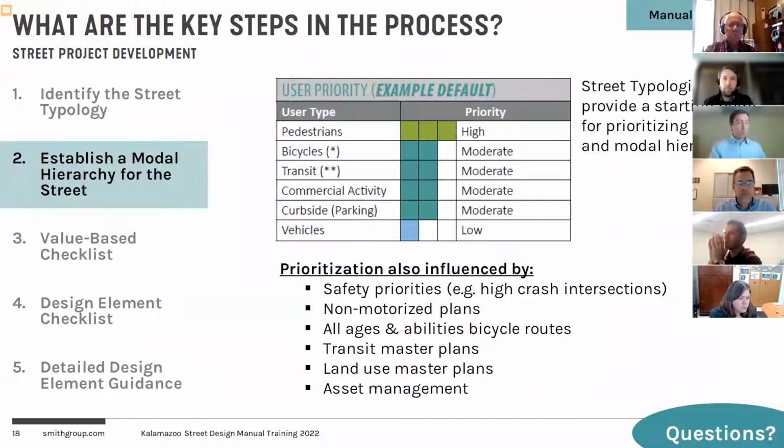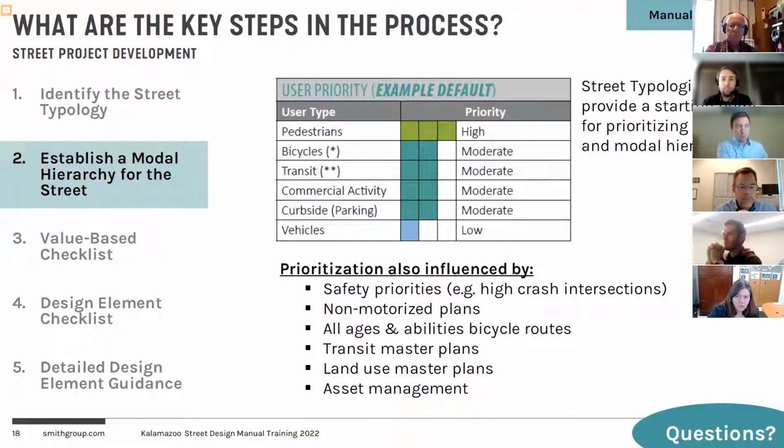Do you have transit? Is it part of the bicycle plan? And those are going to be those questions that you're going to find in the value-based questions. It's going to ask you to look for those types of things, right? And that's going to help you say, okay, this is maybe the default where I start, but yeah, this street is on the bicycle plan. The intention is to make this one of our bicycle routes.